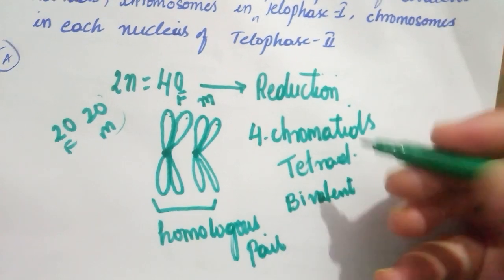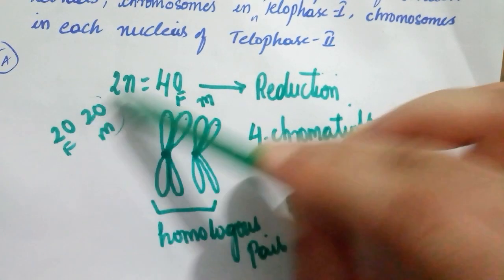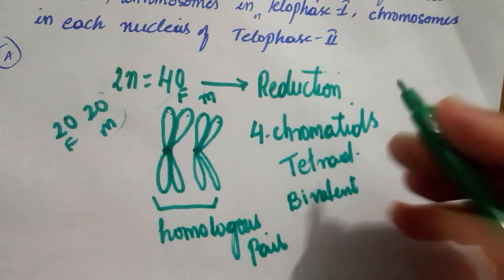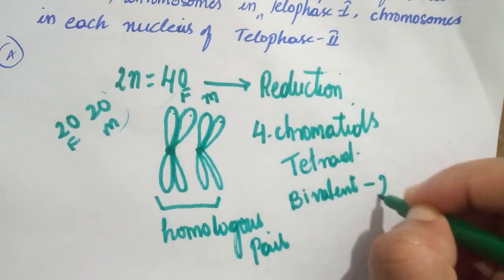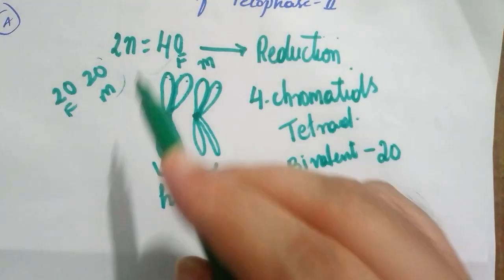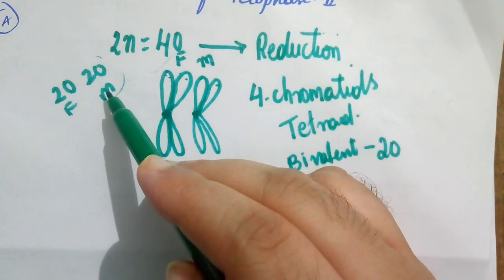Now you see, if 40 chromosomes are there, how many bivalents can we get? We will be getting 20 bivalents. How are we getting 20 bivalents? Just now I told you. Out of the 40 chromosomes, 20 will be coming from the father and 20 will be coming from the mother.